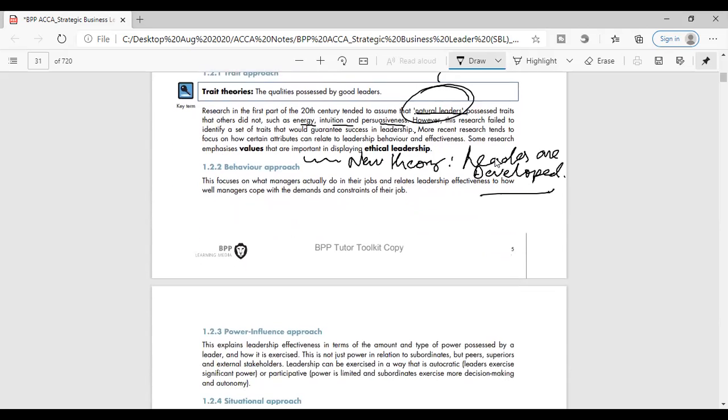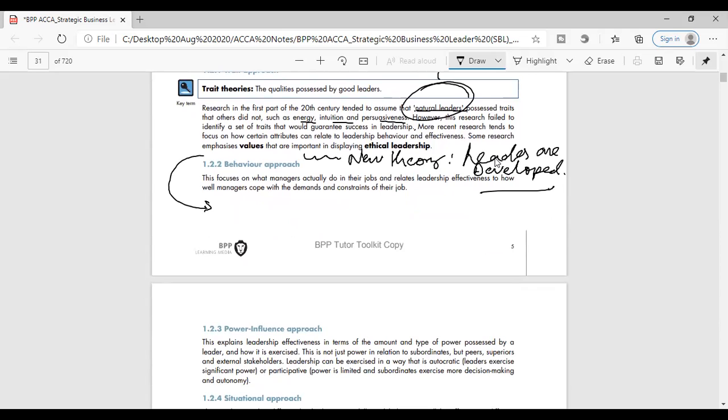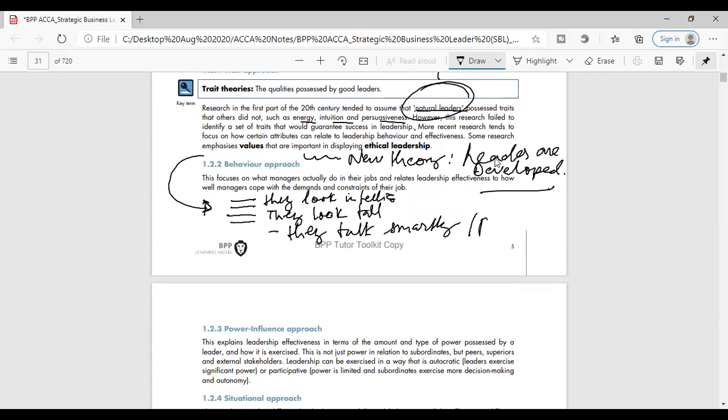Because earlier people believed that leaders have certain innate talent. Maybe they look intelligent at least, or there are some very subjective traits as well of leaders. They look very tall, or they talk smartly or persuasively.